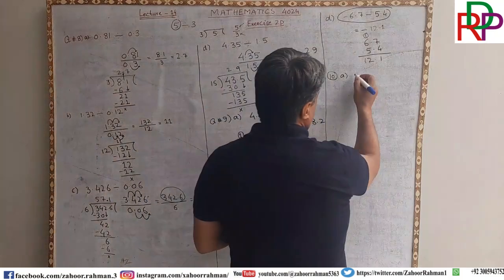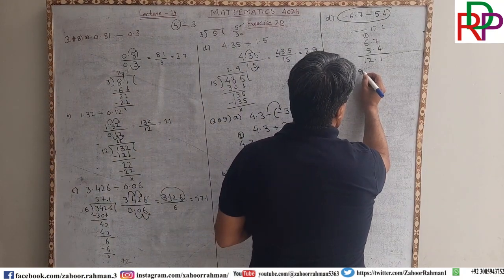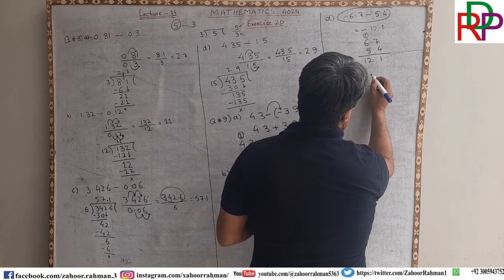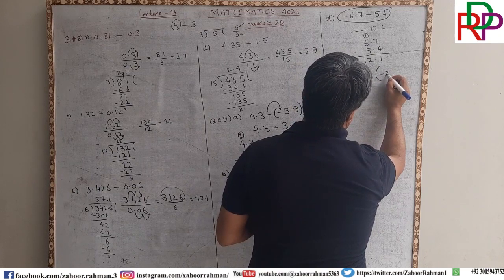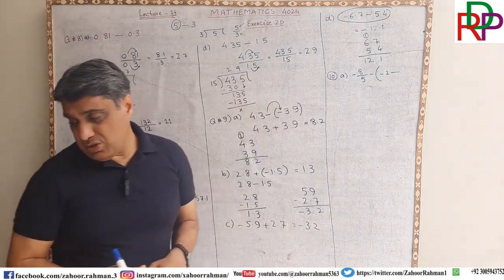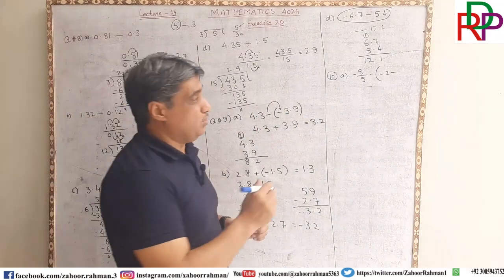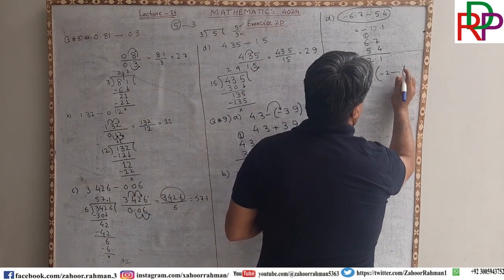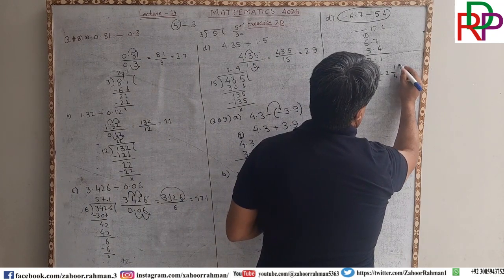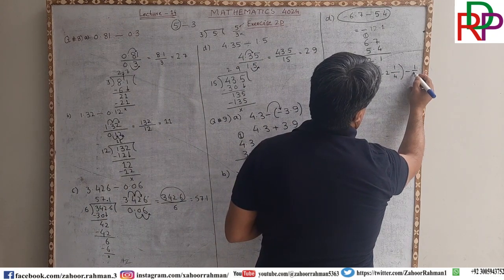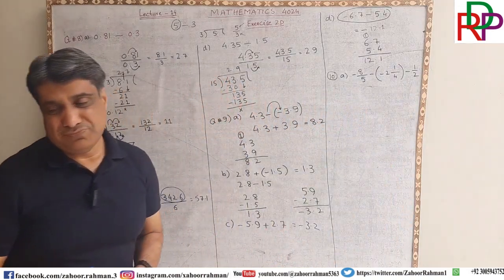Minus 8.8 divided by 5 minus 2 whole 1 over 4 minus 1 over 2.